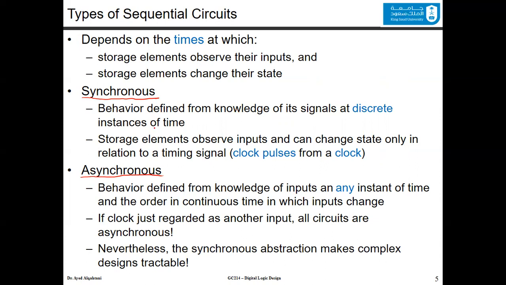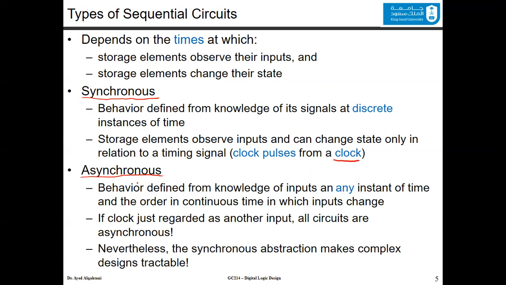Those discrete instances of time are dominated by a clock. Clock pulses are responsible for defining these discrete instances of time. The storage elements observe the input and can change the state only in relation to a timing signal. This timing signal is the clock.